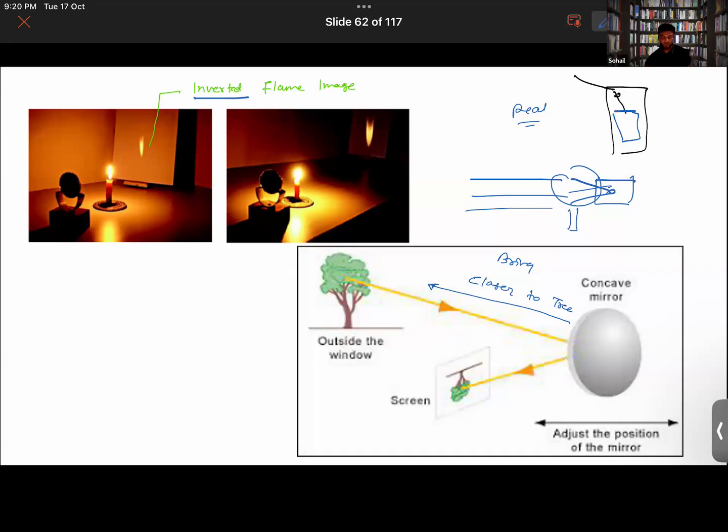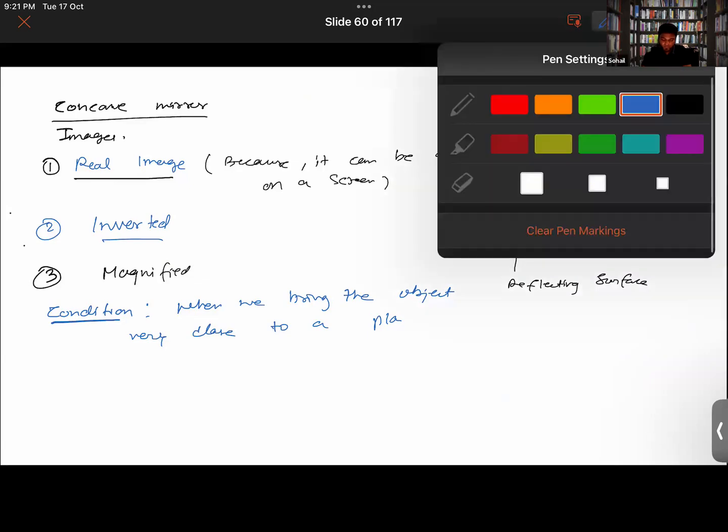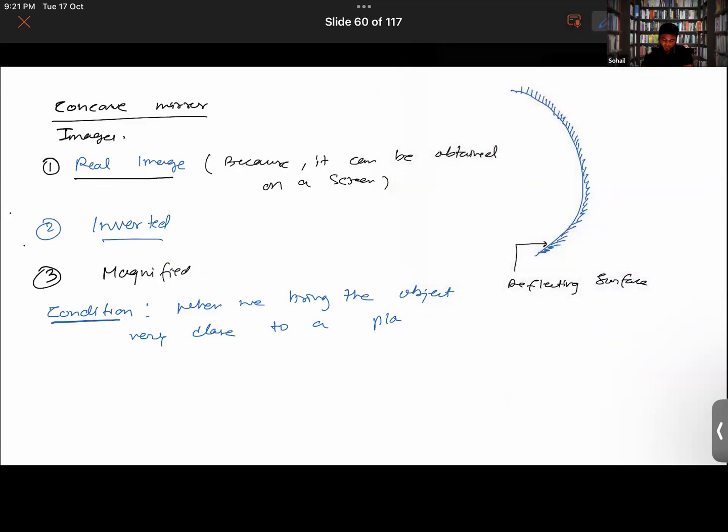But then it depends, right? Like, suppose the candle is small, we can move it. So it depends on the object, exactly. If you have got a small object, you will bring it close to the concave mirror. So the condition here is that when we bring the object very close to a concave mirror, then what happens?